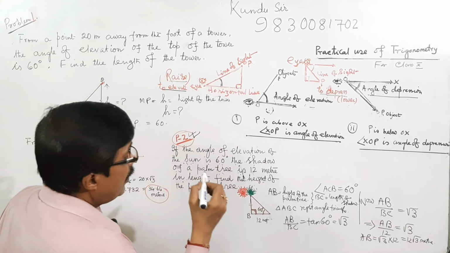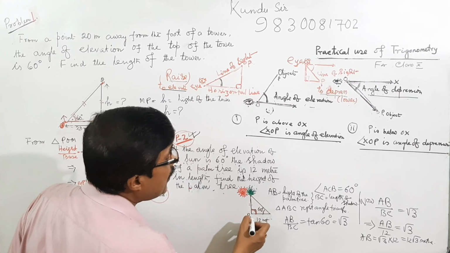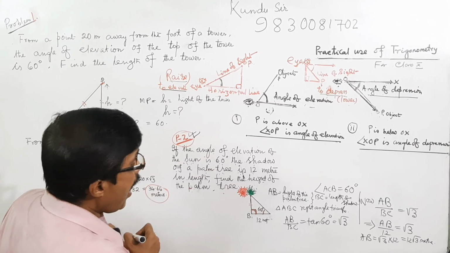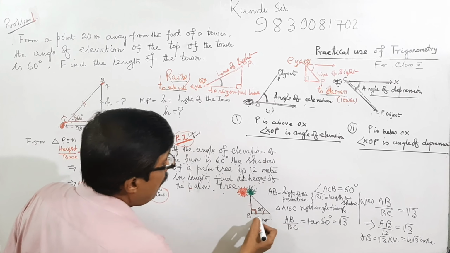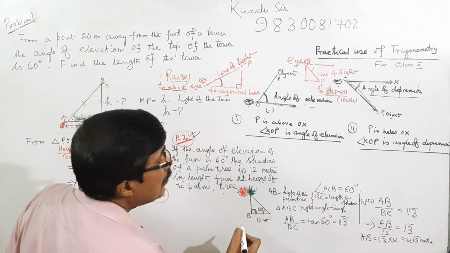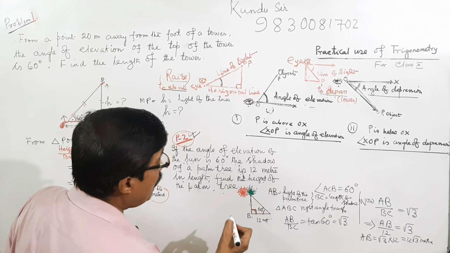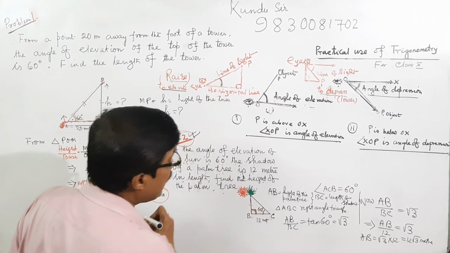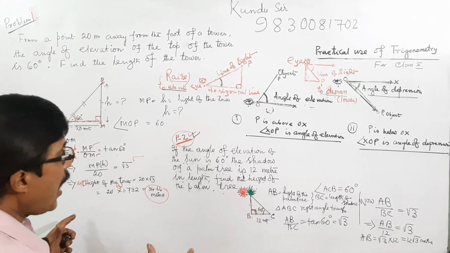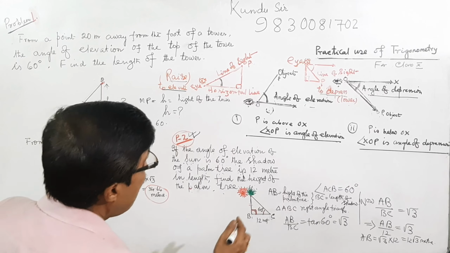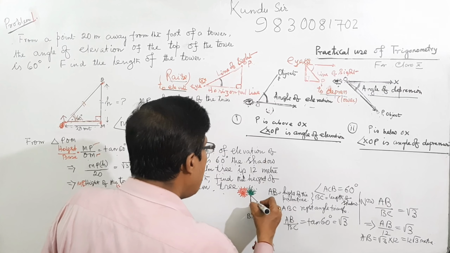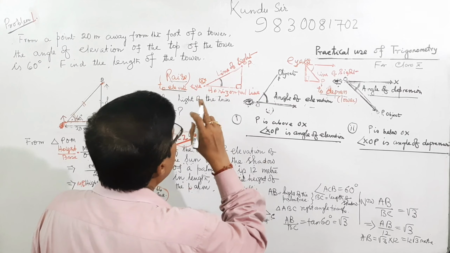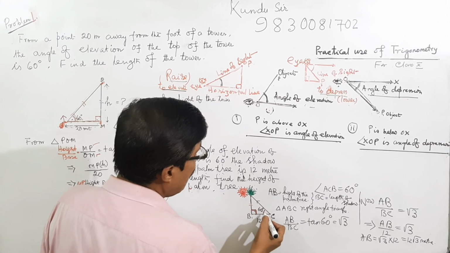Now the plane tree height is AB, and the length of the shadow is BC. The angle of elevation of the sun, that is the line of sight, is 60.